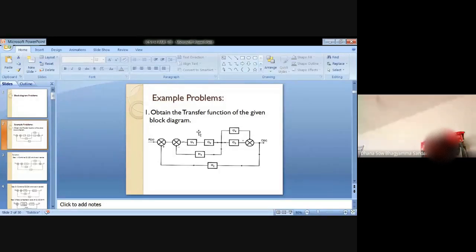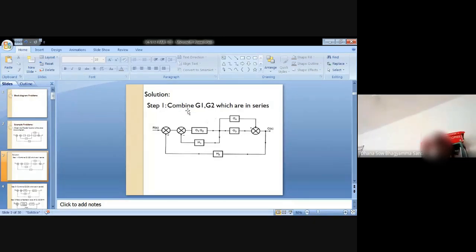So you combine G1 and G2, and it will become a single block with the magnitude G1 into G2. So step number 1: combining G1, G2 which are connected in series.